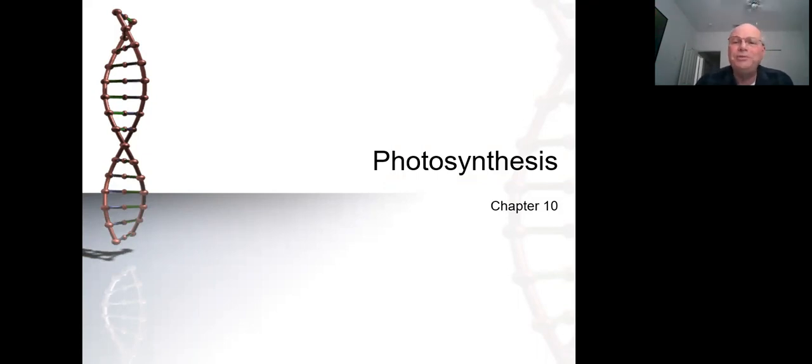So why do we want to talk about photosynthesis? Well, apart from the fact that it is a partner process with cell respiration, what we also need to remember is that this is how carbon gets into all organisms. This is how carbon enters the biosphere. It is organisms that carry out photosynthesis, whether they be plants or algae, cyanobacteria, anything that is green, has chlorophyll, carries out photosynthesis, is contributing to the influx of carbon into the biosphere.